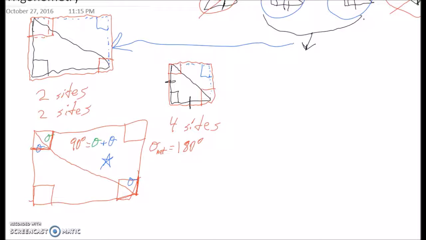Well, we know that it has 90 degrees, so we're saying that angle theta equals 180 degrees minus 90 degrees minus theta, okay? Does this make sense? So 180 is the total, minus the 90, minus the other angle equals blue. Okay?